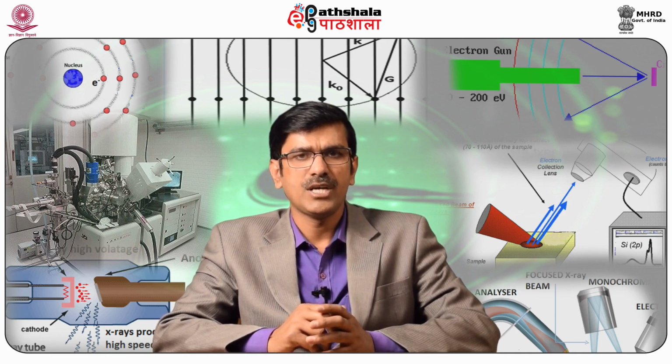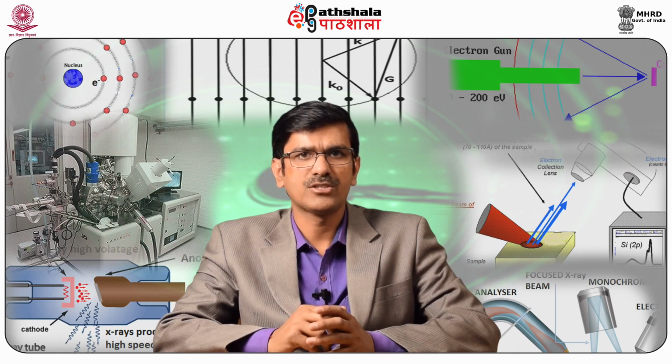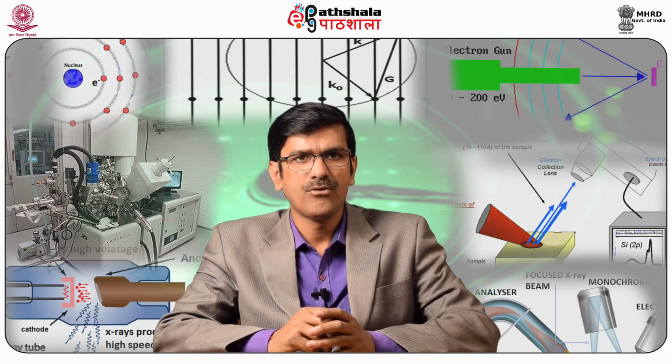Now, another term, work function, is introduced. Work function is the minimum amount of energy required to eject a delocalized electron from the surface of the metal. It is represented by the symbol phi.